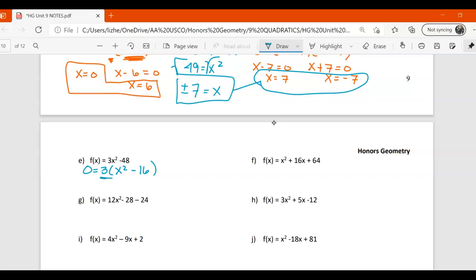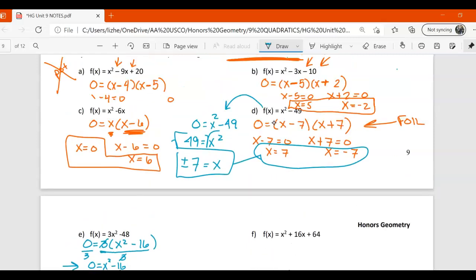I'm just going to divide both sides of my equation by 3. And then the 3's are gone, and 0 divided by 3 is still 0. So when there's not a variable, you can do that. Up here, when we did this problem, what we took out in common was a variable. You cannot divide out a variable, but you can divide out a whole number like 3.